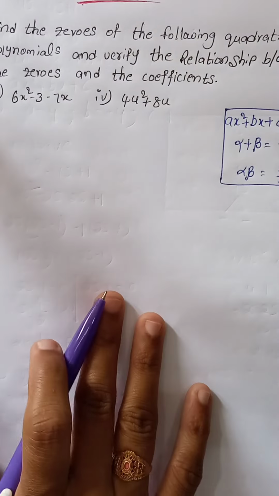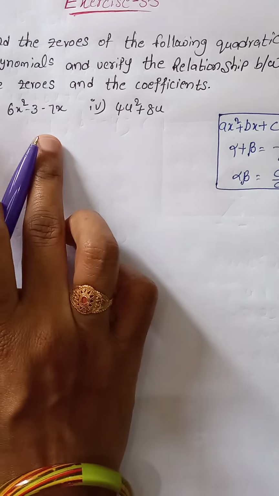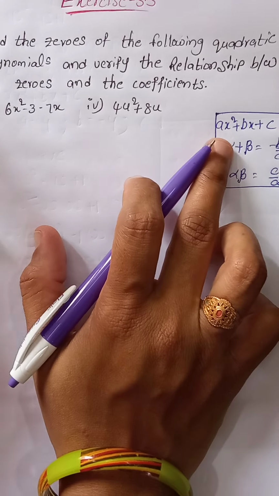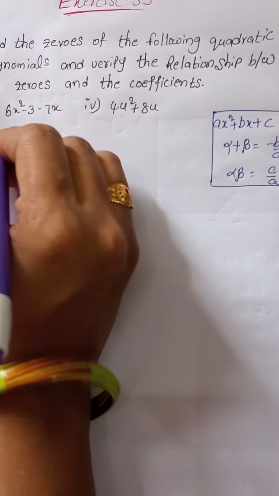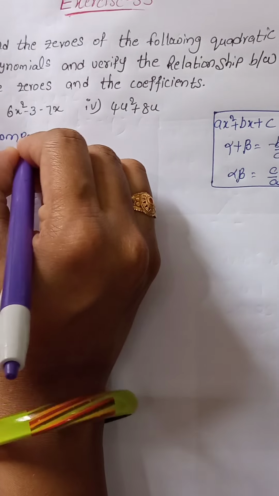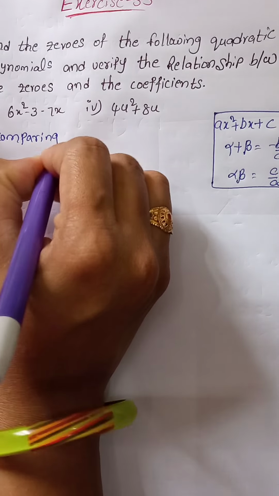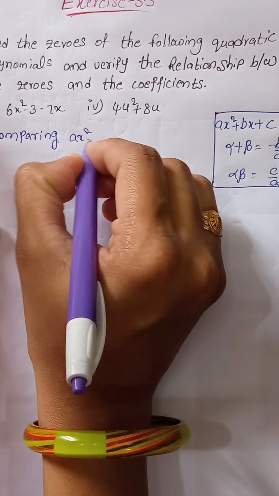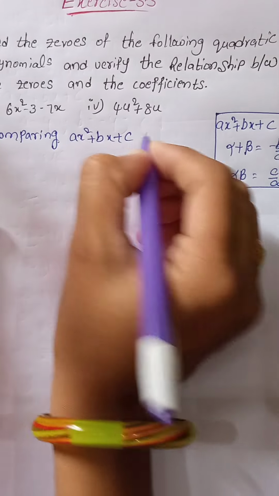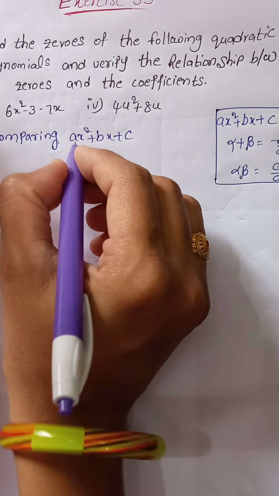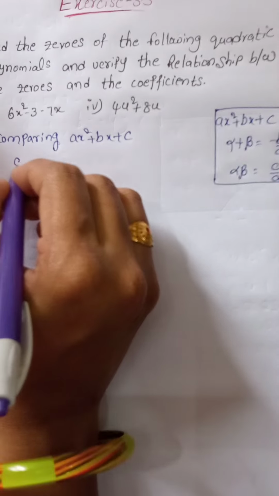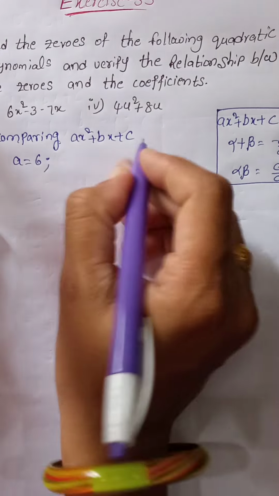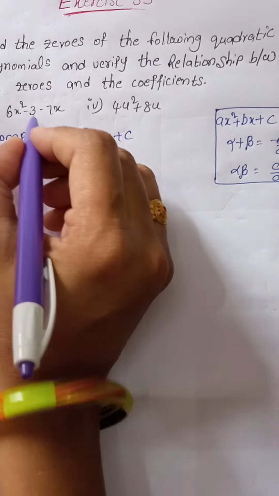So compare this given polynomial with the general form of quadratic polynomial. Then a is the coefficient of x square, a equal to 6, and next b is the coefficient of x.